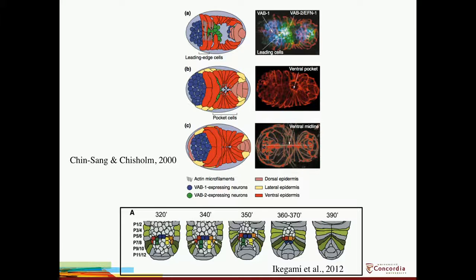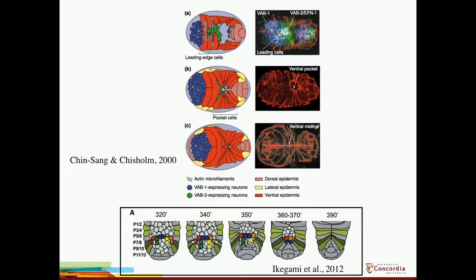Now, something else that's really interesting about ventral enclosure is it really requires communication from another tissue, and that's the neuroblasts. They're drawn as these green and blue circles in this figure, but what the Chisholm lab found back in the late 1990s and early 2000s is that there is a lot of signaling occurring to help these neuroblasts to independently sort.